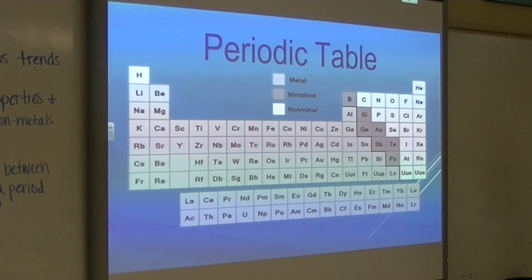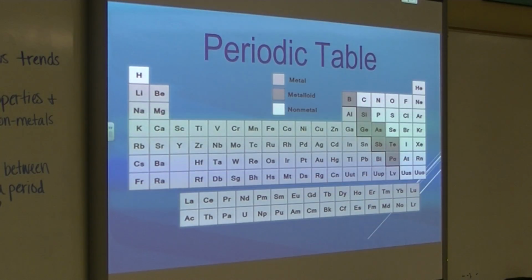Okay? All right, so on the front of your notes, you'll see a periodic table that is, I know it's a little bit hard to tell the difference between the grays, because it's gray and not color. But if you take a look at the one on the board, you should be able to see where the different colors should be.